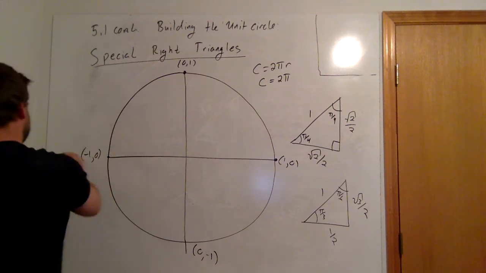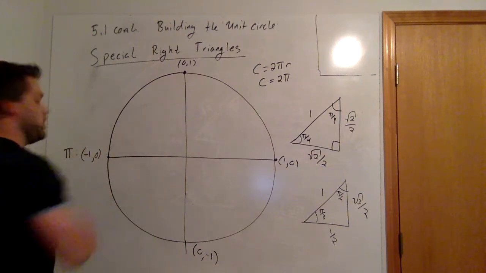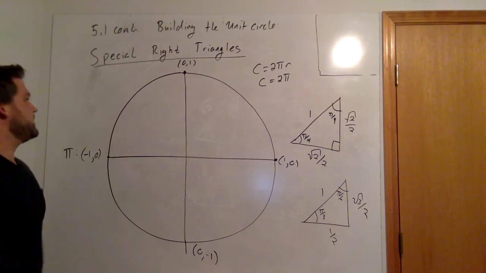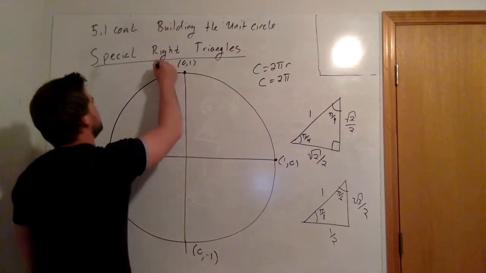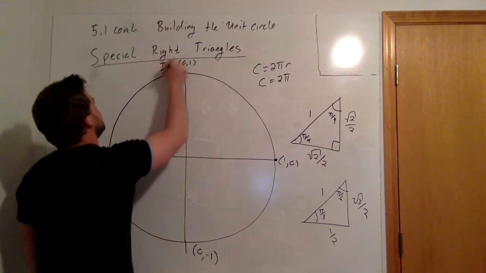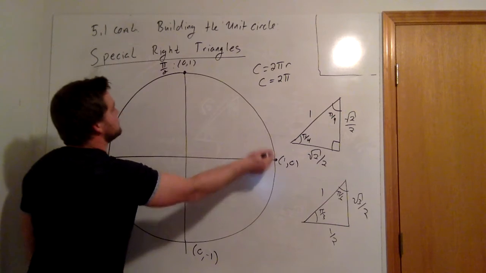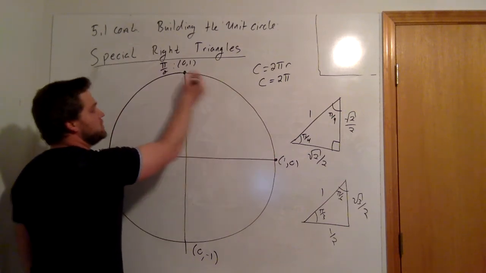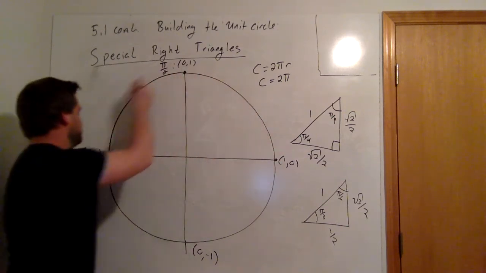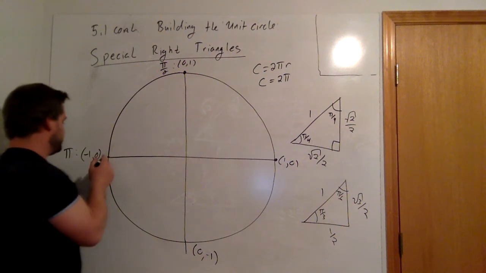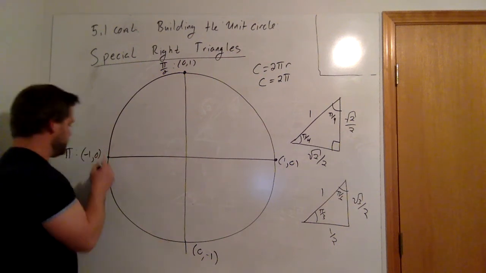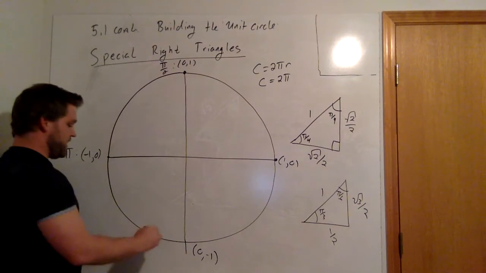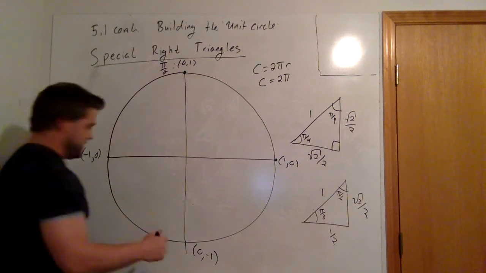So if I'm right here, this would be me walking a distance of pi radians around the circle. If I cut that in half, half of pi will be pi over 2. So here's pi over 2. If I travel a distance pi over 2 radians, this is where I'd be on the circle. If I travel pi units around the circle, I'll be here. So let's say we want to be right here. I've traveled pi plus another half of a pi, that's 1 1/2 pi, or 3/2 pi.